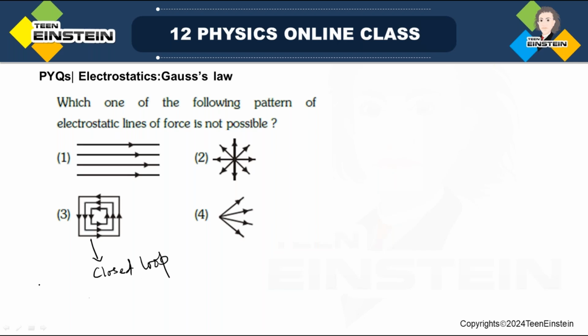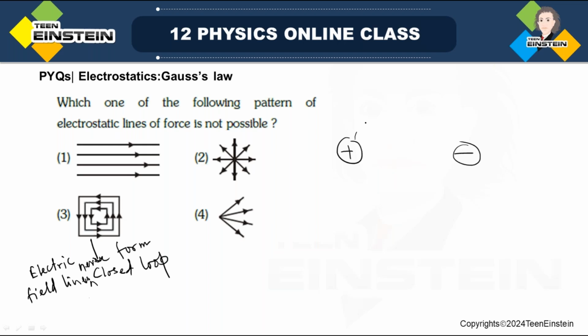So electric field lines of force, or electric field lines, let us say, electric field lines never form closed loops.